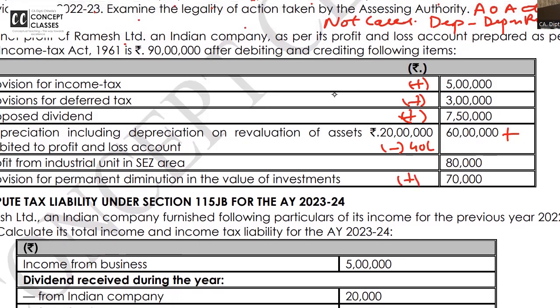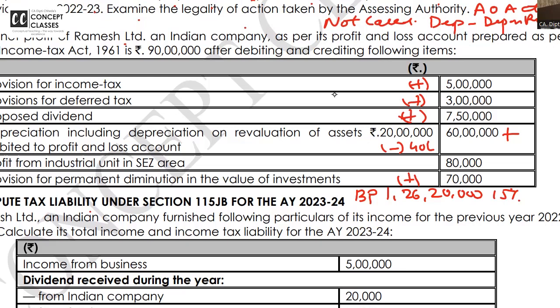How much is MAT coming to, sorry, book profit is coming to how much? Book profit 1 crore 26 lakh 20,000, and they have just asked you to compute the liability. So you will calculate 15% MAT on that plus surcharge. Surcharge will come as the income has exceeded 1 crore at the rate of 7% and on that cess will come.